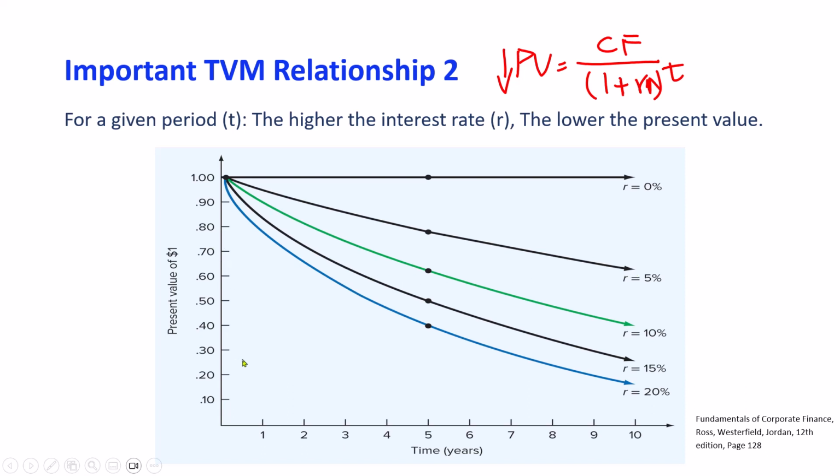Or if you receive that dollar 10 years from today, but discounted at 20%, it would be worth only 20 cents today. So the higher the discount rate, the higher the opportunity cost of waiting, and the higher the penalty that you apply to the future cash flows when discounting them.